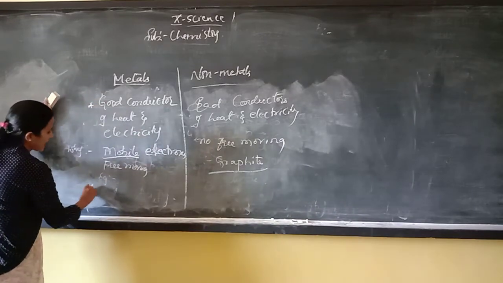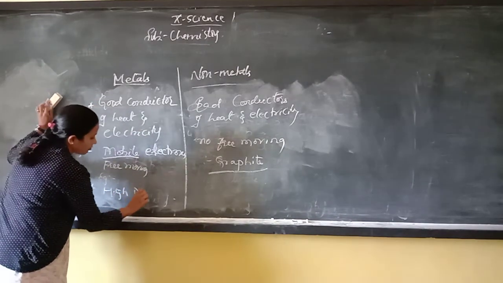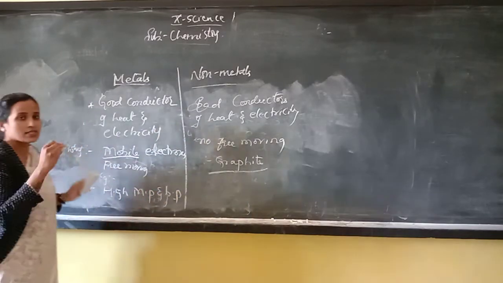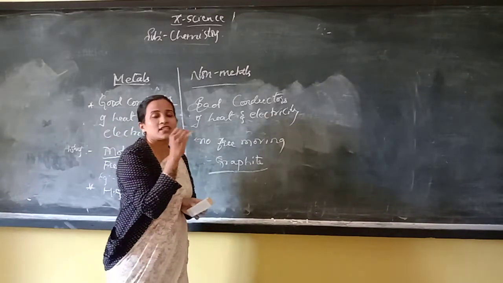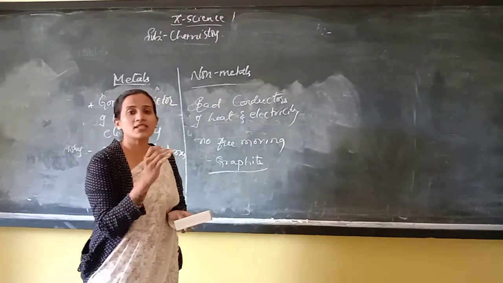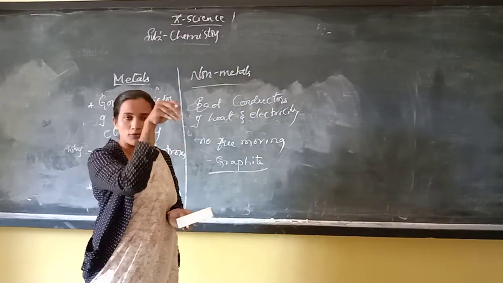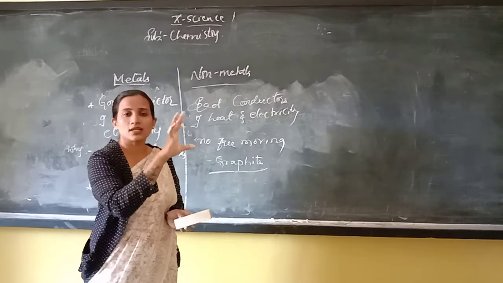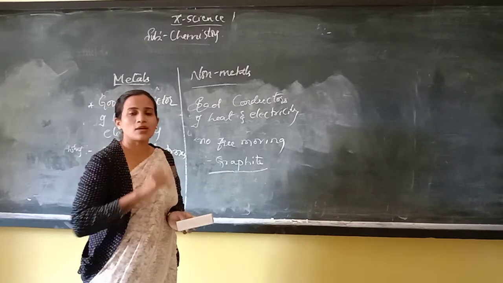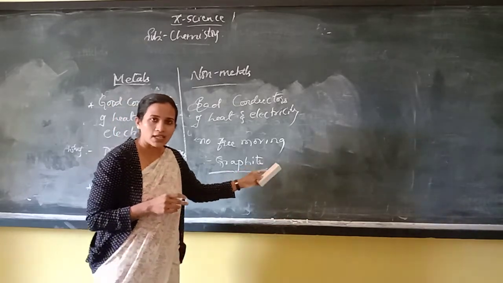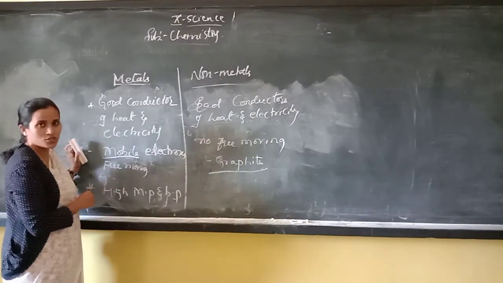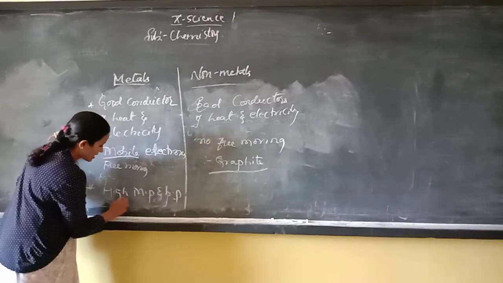Next, metals have high melting and boiling points. If you melt the elements and keep a thermometer, it shows some reading; if you boil the solution, it shows some reading. Compared to non-metals, metals have high melting and boiling points, except mercury.